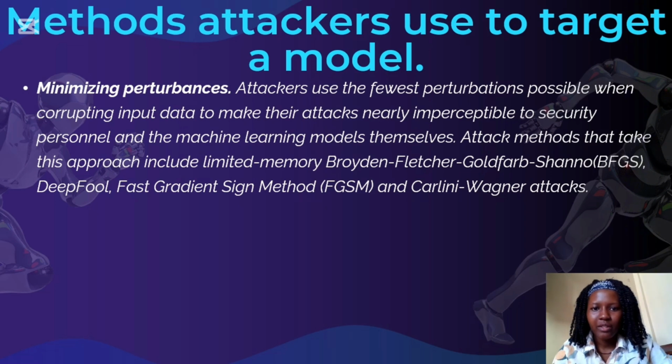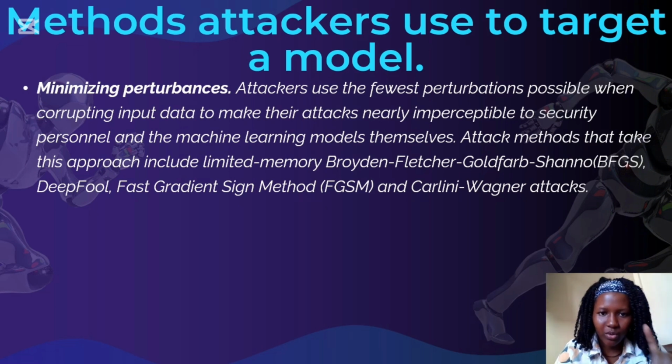Once they realize what this is, they apply the BFGS, and this BFGS minimizes the objective function that is going to cause this perturbation. So after this perturbation is created, it will make our model misclassify what we have.